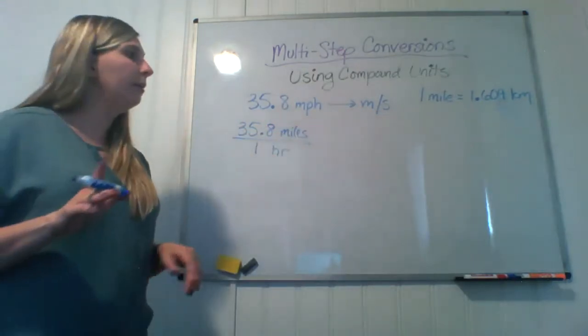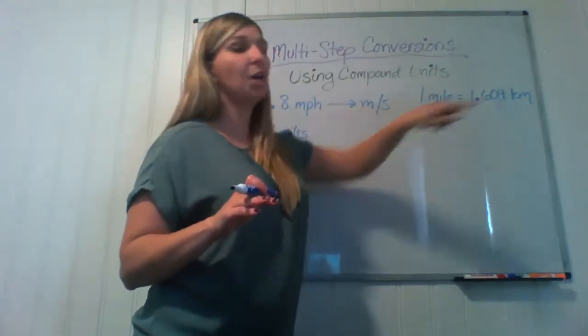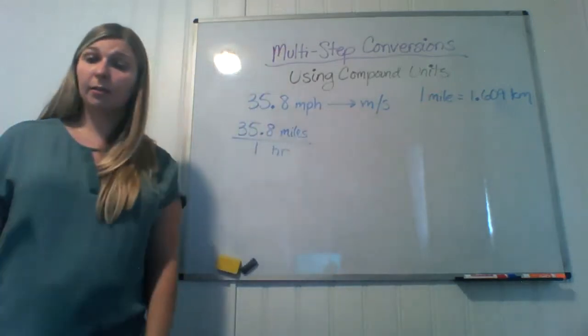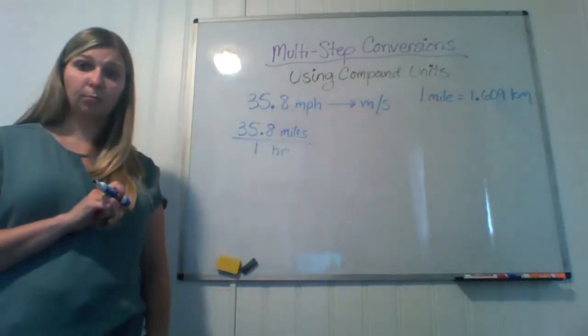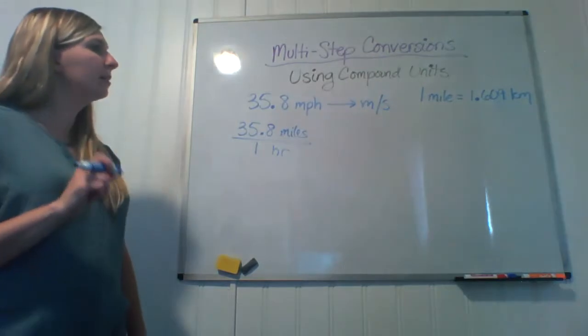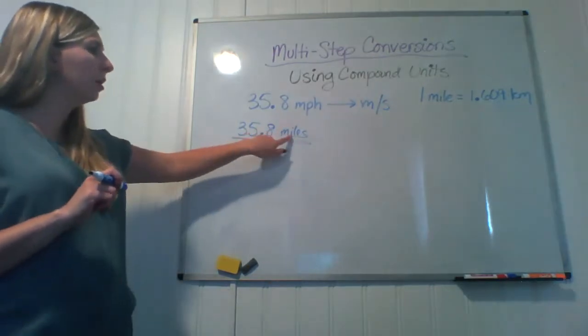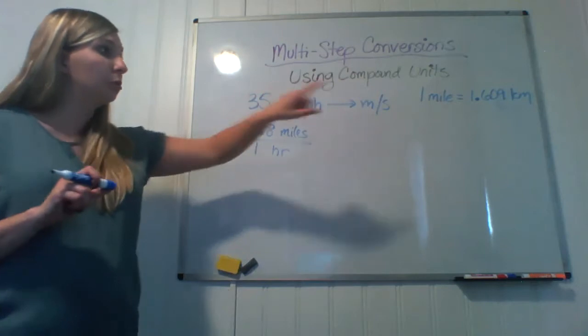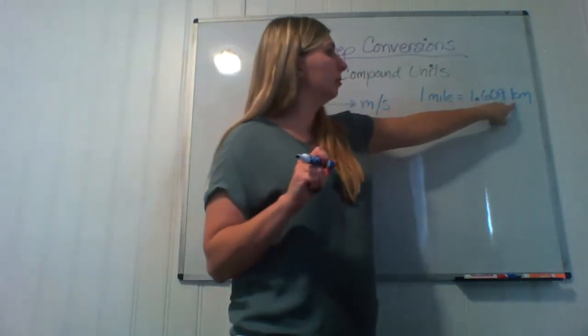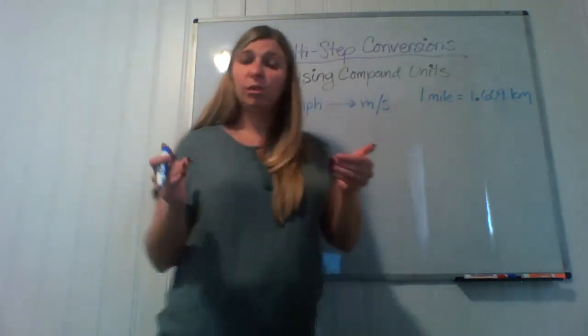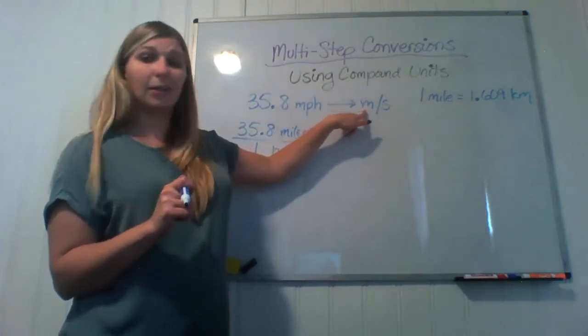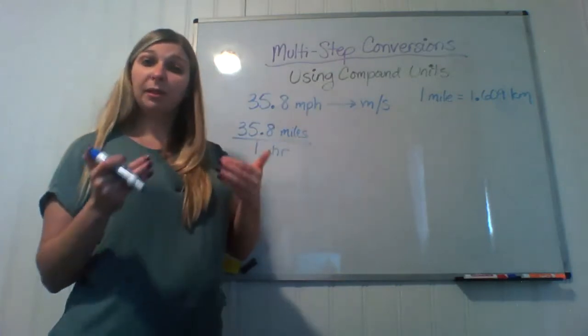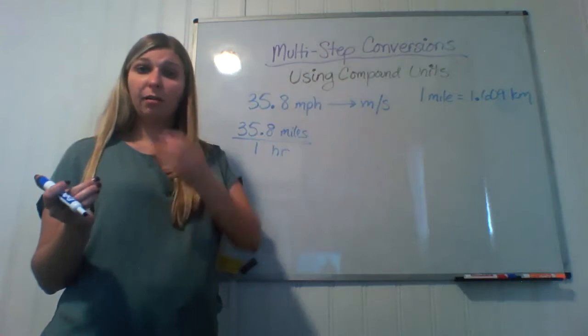You are given that 1 mile is equal to 1.609 kilometers. Okay, so that's going to allow us to convert miles into kilometers. But what units do we want? We want meters. So what other relationship do we need to be aware of?